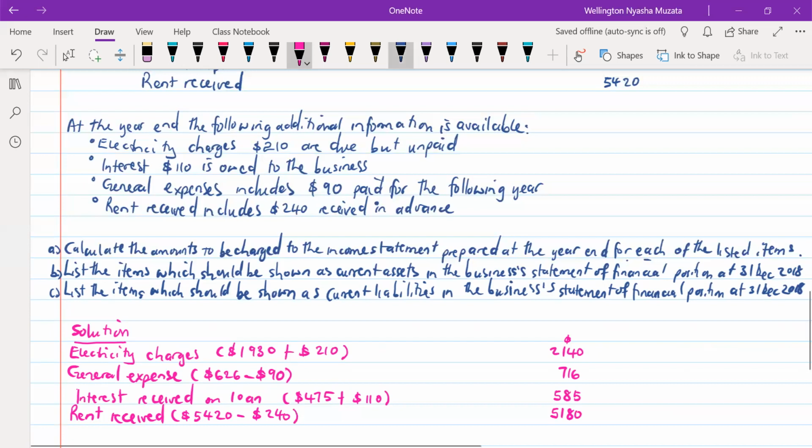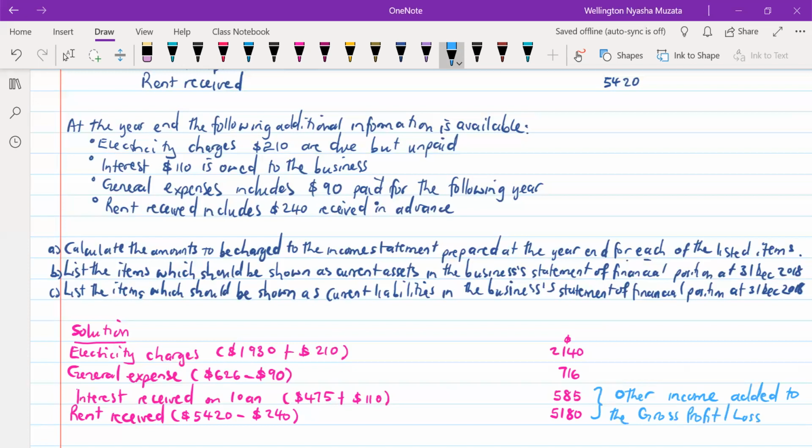So we should note that these two, rent received and interest received for the loan, are part of other income, added to the gross profit or the gross loss. While the other two are expenses.